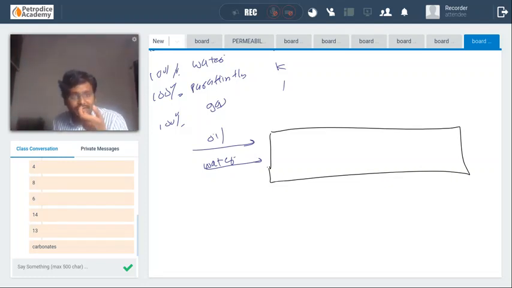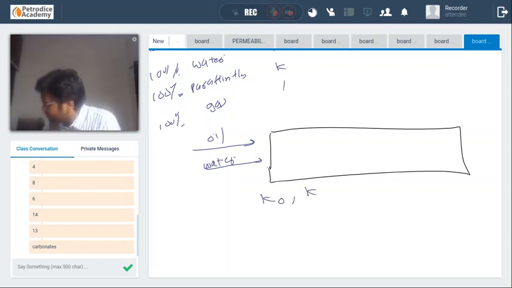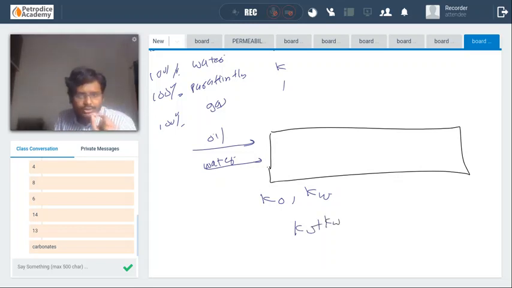The rock will not allow both fluids to travel at the same rate. Even if you have 50% oil and 50% water, each will not travel at the same rate. Each fluid has its own permeability, permeability of oil and permeability of water. And Ko plus Kw will not be equal to the total permeability.